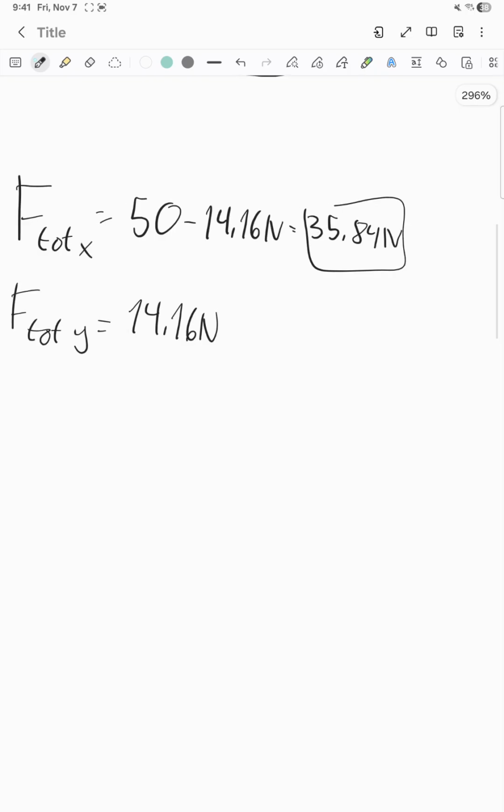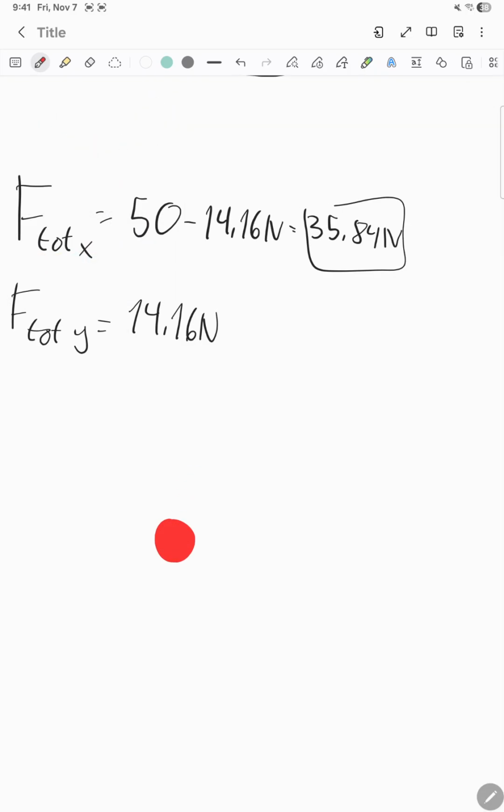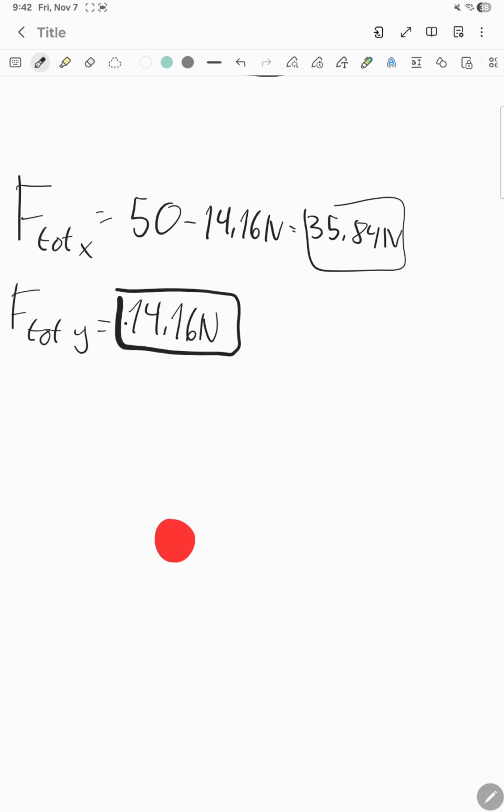It's 14.16 newtons. So if we redo our drawing, the particle is going to feel a force of 35.84 newtons that way, and a smaller force of 14.16 newtons that way. And so these are the forces that are going to be felt by the particle.